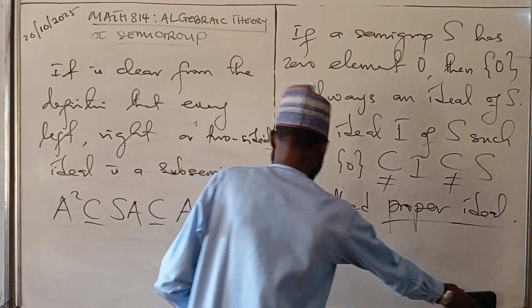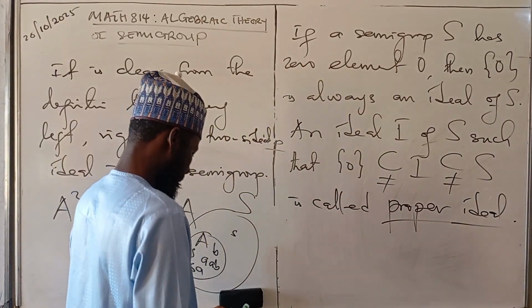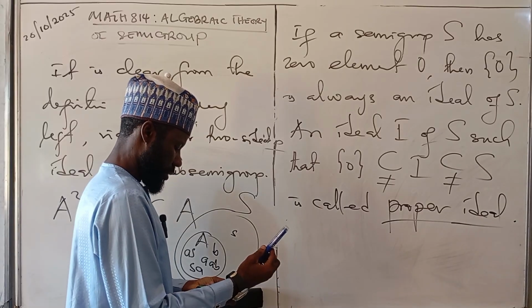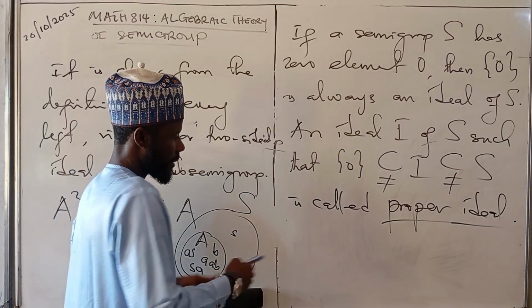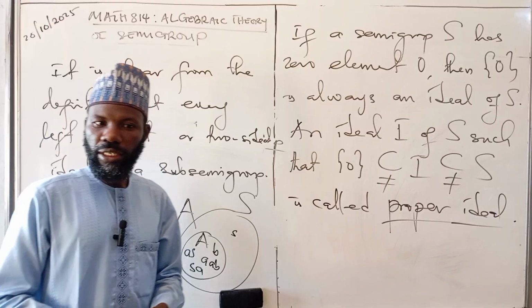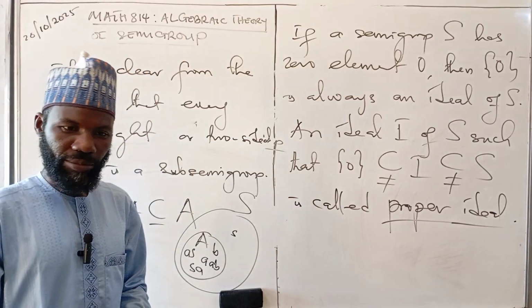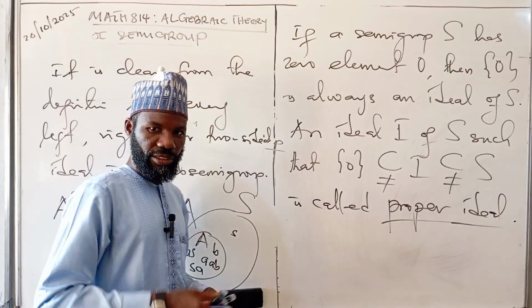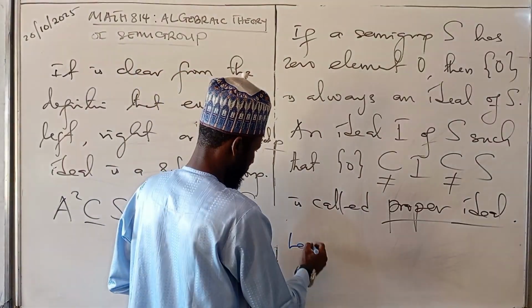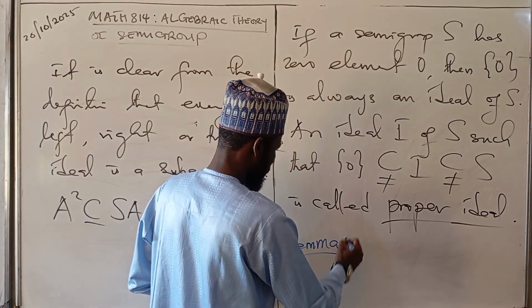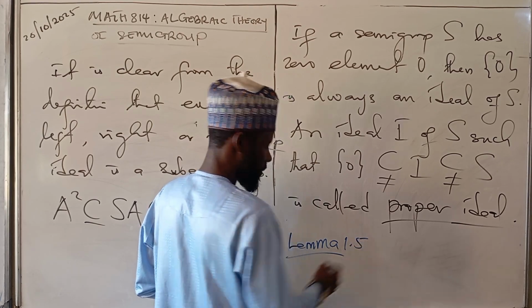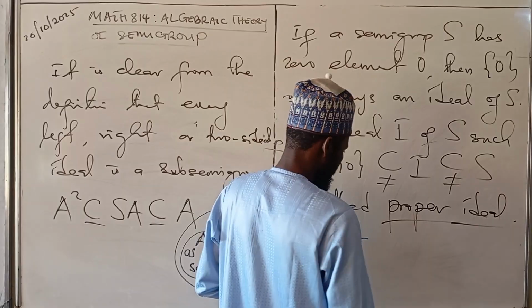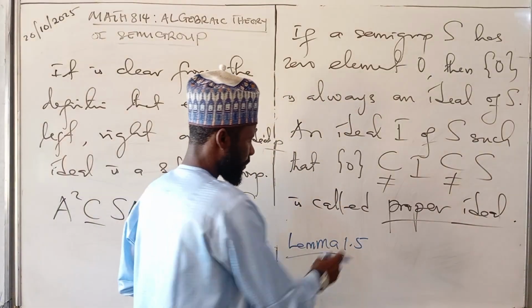Okay? So, I will prove a lemma to the effect that if you take the intersection of two ideals, you still get an ideal. I think I'm not going to prove it, but I will just leave it to you as an exercise. It's not difficult. So Lemma 1.4.